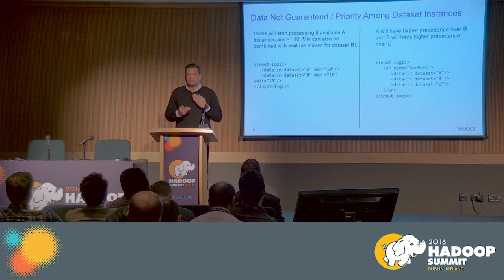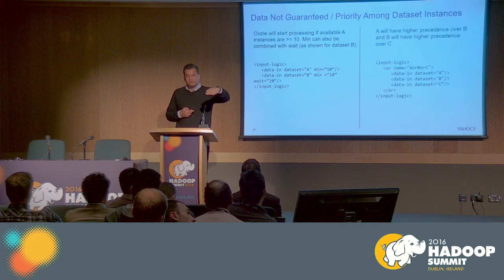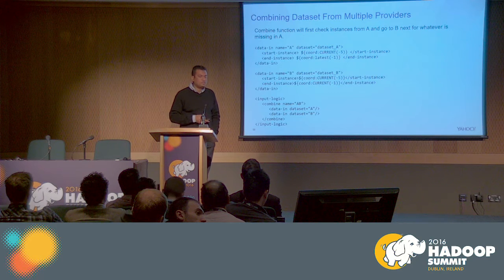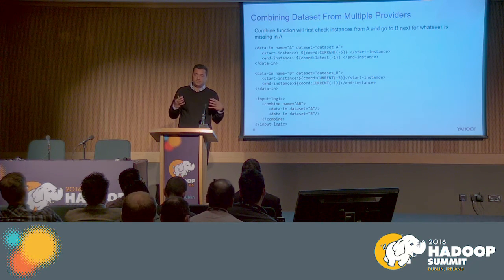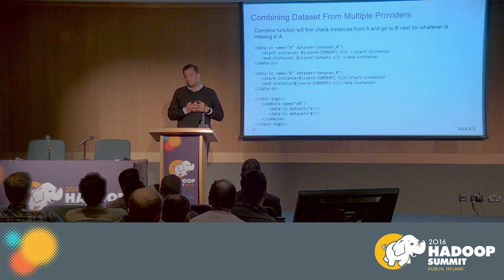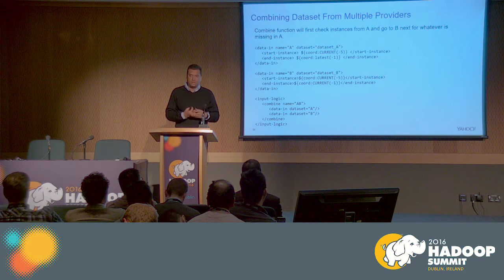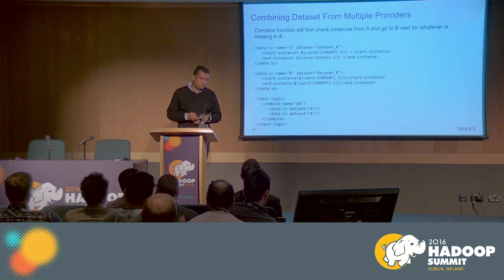You could also set priorities among data sets. They say, read this data set first, and only when you're not happy, move further. Or set precedence. You can combine data sets. So there are certain sources of data where you can have more than one provider, or you rely on more than one provider for the same data. You can manage all that with priority with Oozie, with the input check scheme.